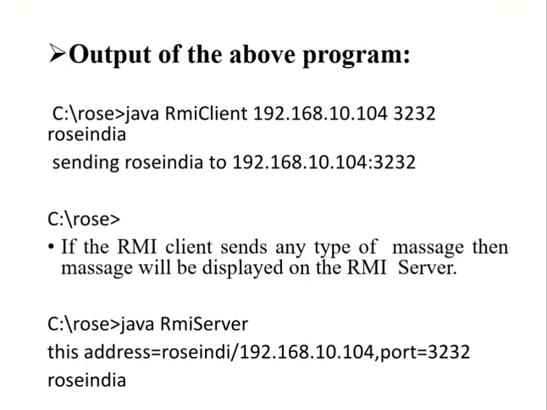If the RMI client sends any type of message, then the message will be displayed on the RMI server. Java RMIServer, this address 192.168.10.104 port 3232, Rose India. This is the output for the code for the RMI client.